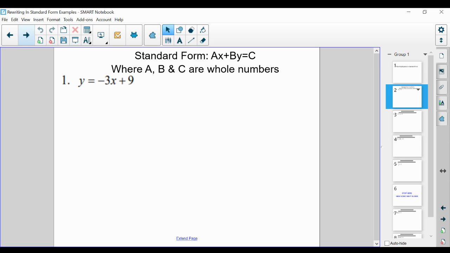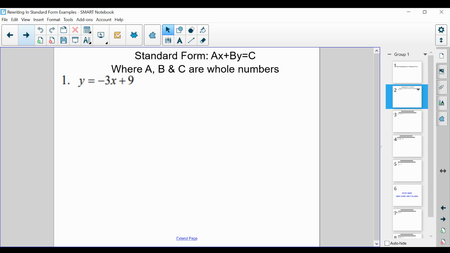Remember, standard form is ax plus by is equal to c, where a, b, and c are whole numbers. So if we look at problem number 1, we are in slope-intercept form, y equals negative 3x plus 9. Our goal is to create an equation that's in standard form.